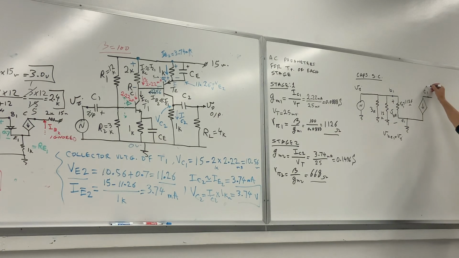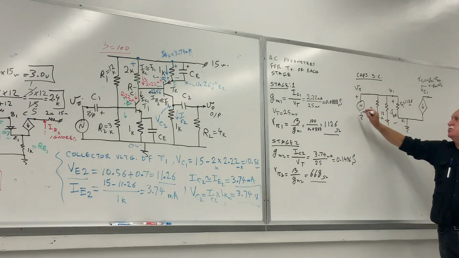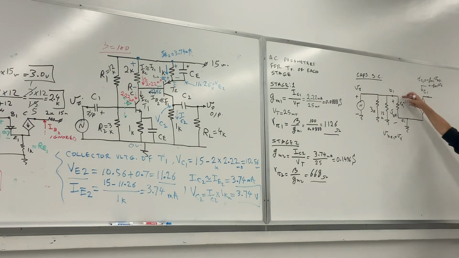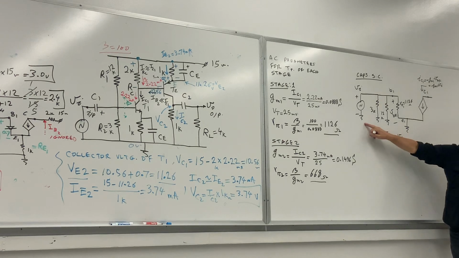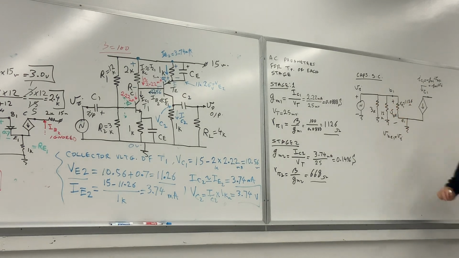So this current in here, IC of 1, change of the current, this is signal current, is equal to minus gm1 multiplied by VBE of 1, or minus gm1 multiplied by VI, because VBE and VI are the same. See, this potential from here to here is the same as that potential from here to here. This is a ground, same as that. That's the same node as that.